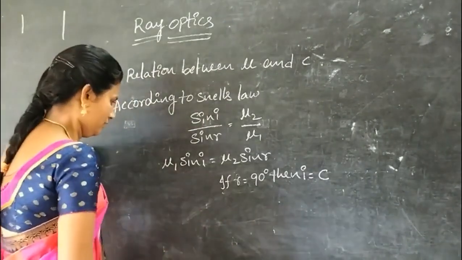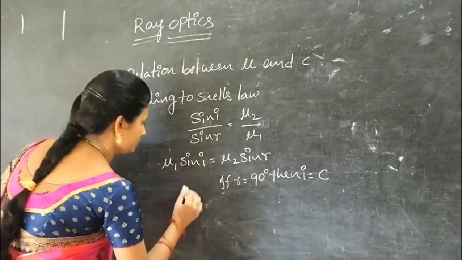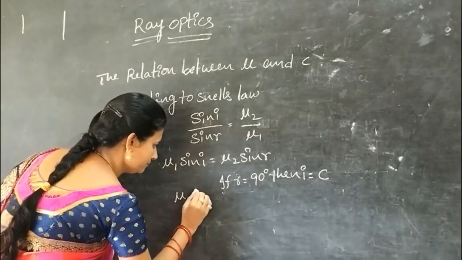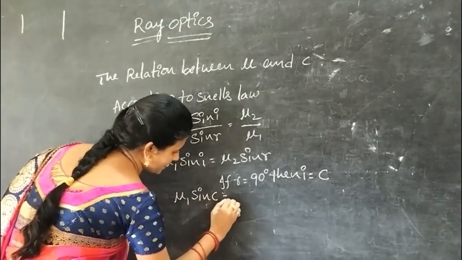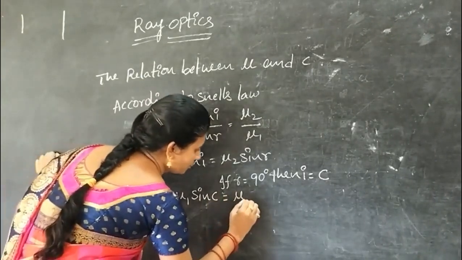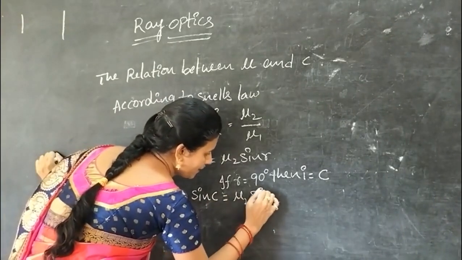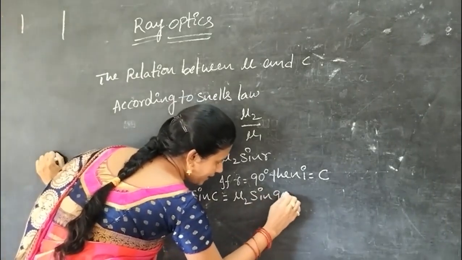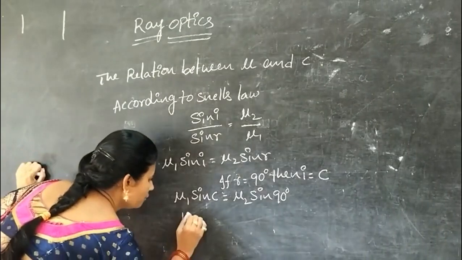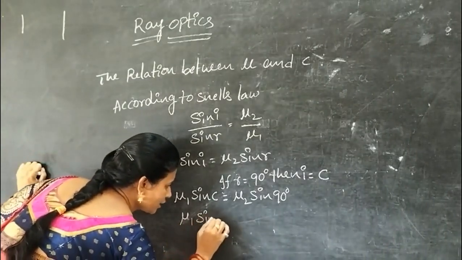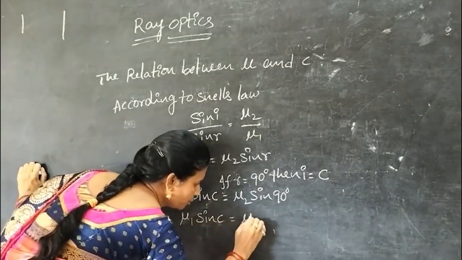So from that, I is equals to C, no? So mu 1 sin C is equals to mu 2 sin, what is the R? 90 degrees. So from that, mu 1 sin C is equals to mu 2.